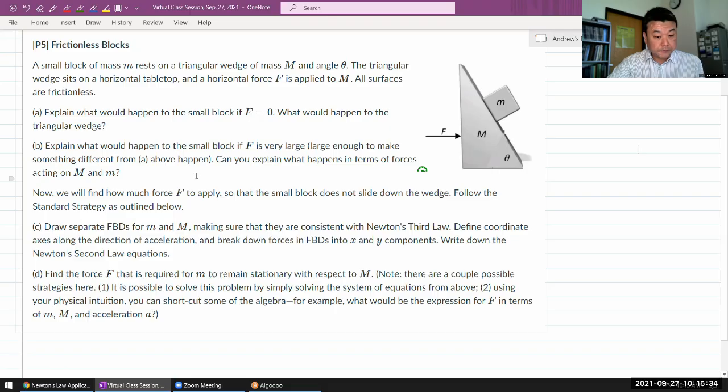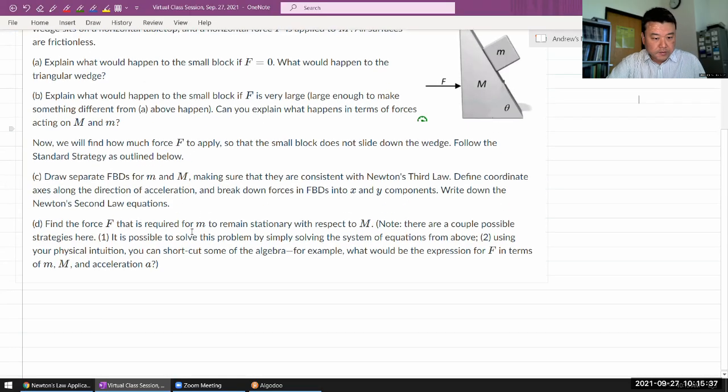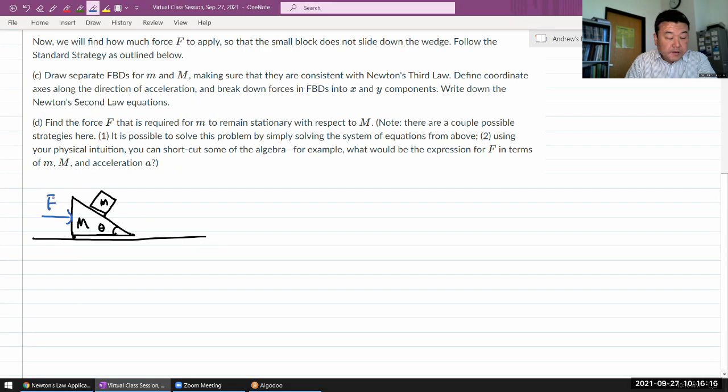So let's work through the standard strategy to figure this out. If someone simply asked, what force F do you apply so that the block doesn't slide down, this is where I hope you will see the limitations of just an intuitive approach.